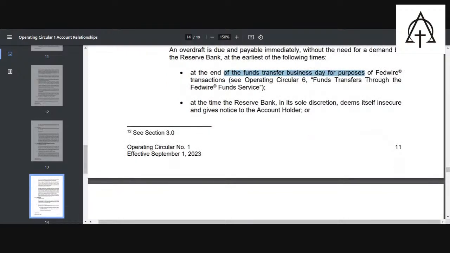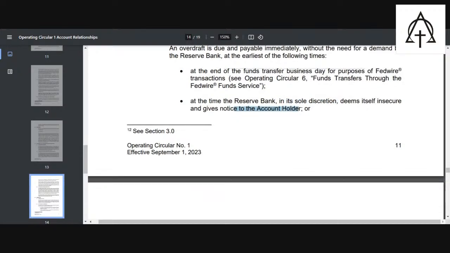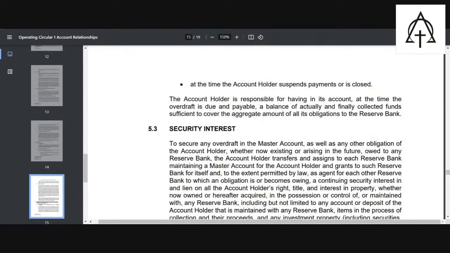At the time the Reserve Bank, in its sole discretion, deems itself insecure and gives notice to the account holder, or at the time the account holder suspends payments or is closed.